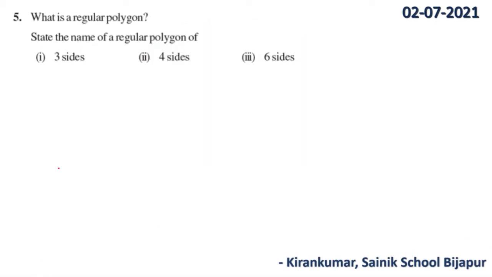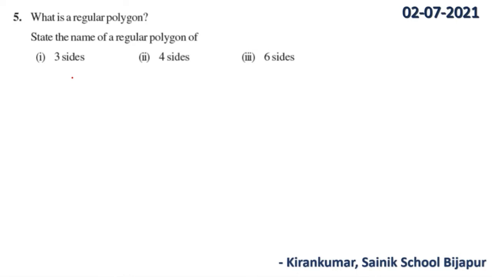Question 5. What is a regular polygon? State the name of the regular polygon of 3 sides, 4 sides and 6 sides. A regular polygon is the one in which the sides and the angles are equal.